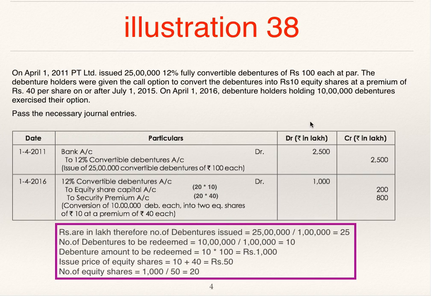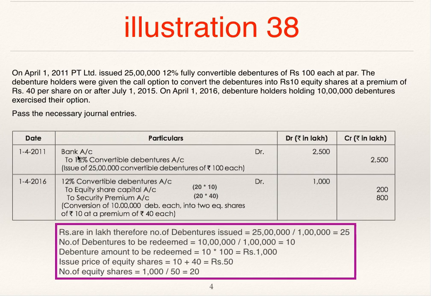What is the issue price of equity shares? 10 is the face value plus 40 rupees premium, 10 plus 40 is 50. Total amount to be redeemed is 1000, and price per equity share is 50. So number of equity shares will be 1000 divided by 50, which is equal to 20.